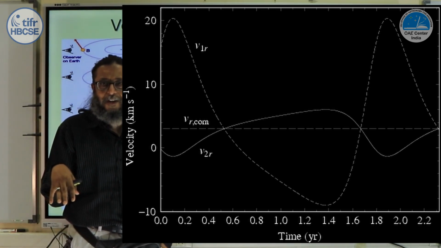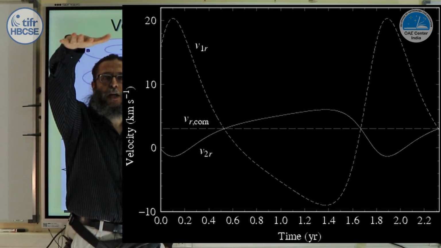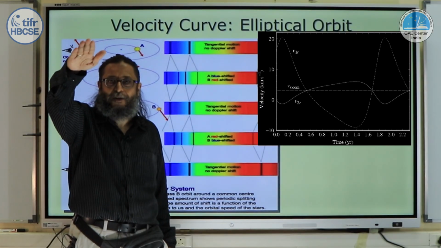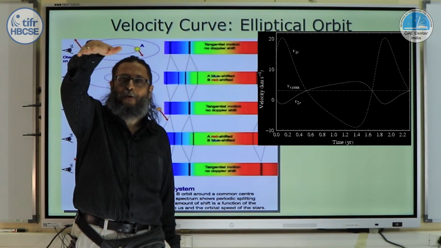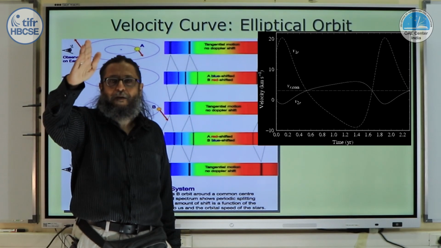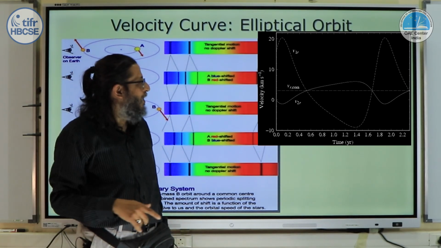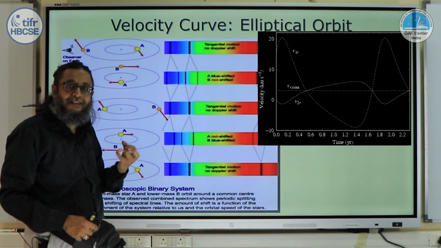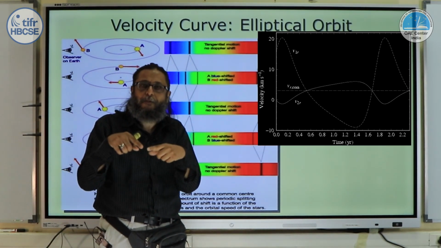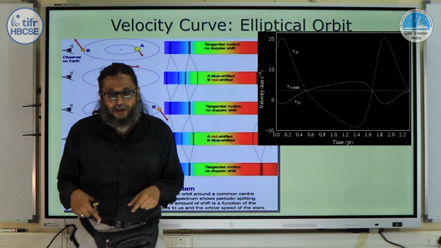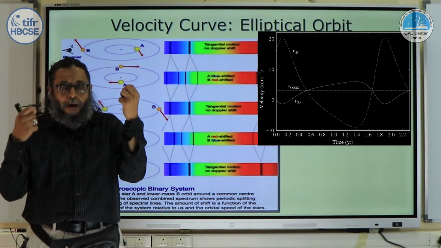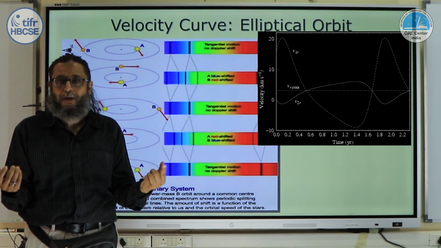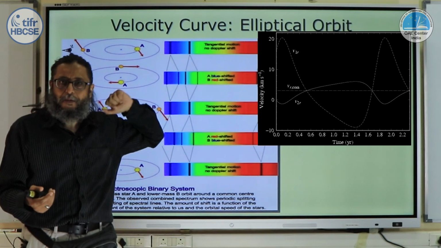That is because the orientation of the plane of the orbit always has angles, there's an inclination angle, there's an orientation angle, and they play their role in changing the velocity curve, and what we see is a result of all those mathematical components coming into play out here. So you have to assume a particular model and then fit the model for the best fit parameters and then obtain the parameters out here.